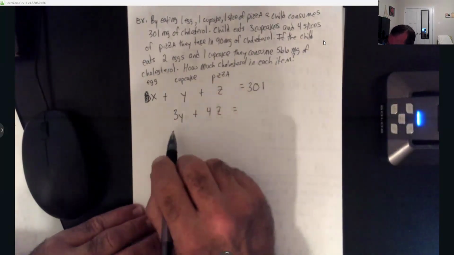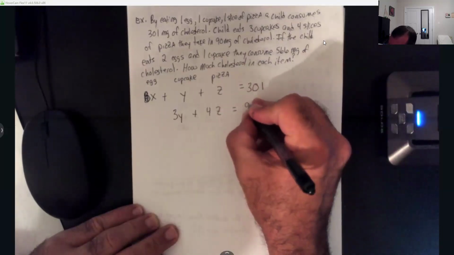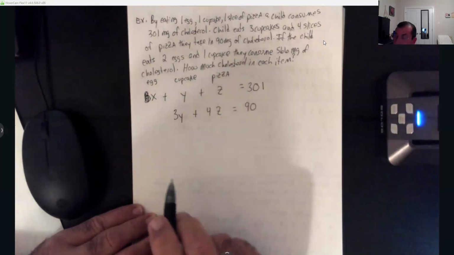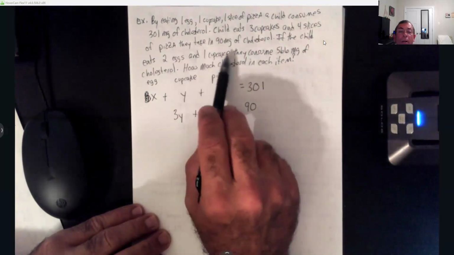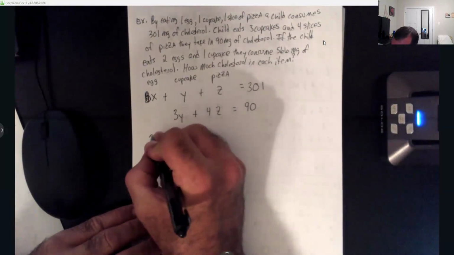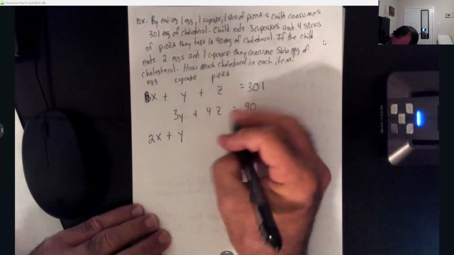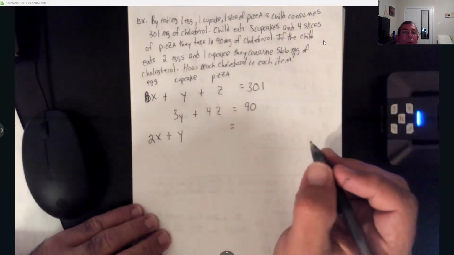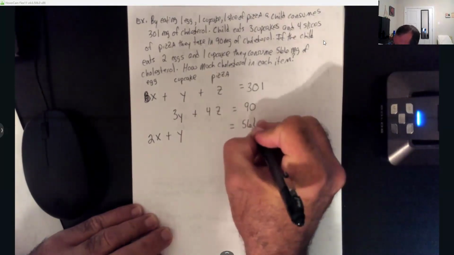Those are going to give me 90 milligrams. So my last equation, 2 eggs and 1 cupcake, will be 2 X's, 1 cupcake will be 1 Y, and all of that is going to equal 566.